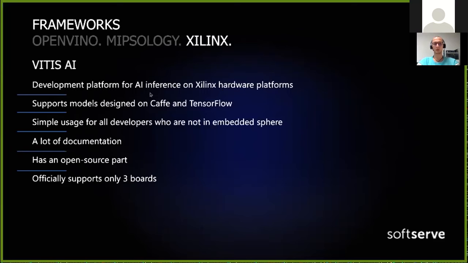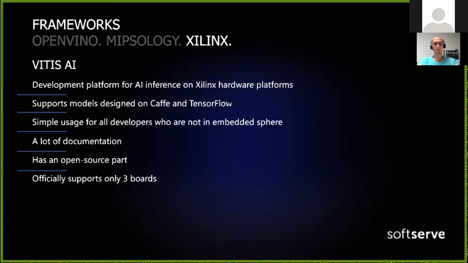It supports models designed in Caffe and TensorFlow, and the documentation says that PyTorch models can also be deployed on Vitis AI, but as far as I know from my experience, PyTorch models can only be quantized on Vitis AI, but there is no known solution for how to compile, optimize, and deploy them on the boards.